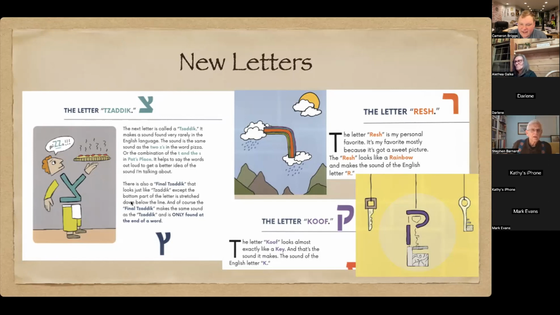And then the letter resh. Resh is like a rainbow, and it makes the sound of the letter R. It is technically considered a guttural, coming from the back of the throat. It can be a hard R, but if anyone knows Spanish or any other language, you know that the R's vary wildly from language to language.